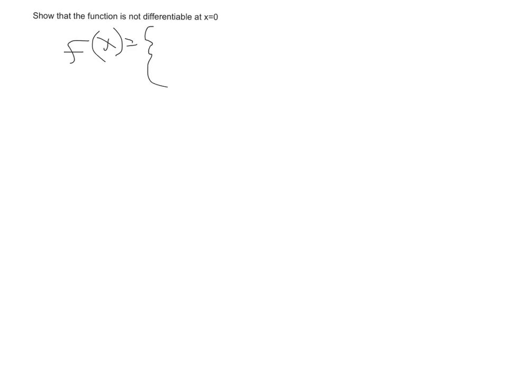So I've got to take the limit as x approaches 0 from the left of f of x, which is going to give me f of x minus f of 0 all over x minus 0.